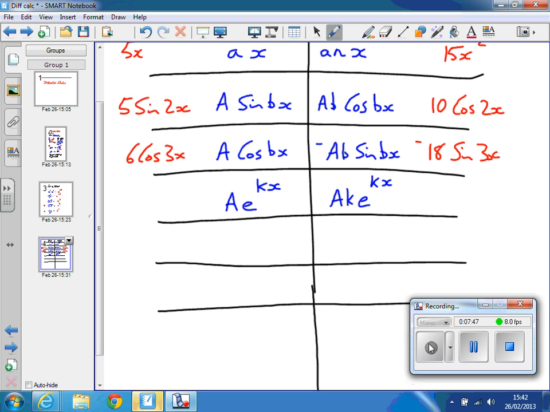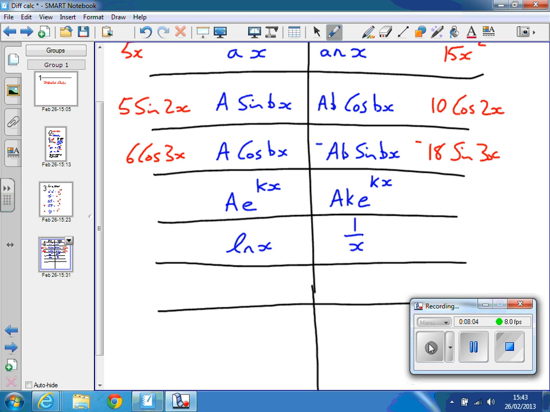Another function that is worth thinking about is the log function. So we've got that the differential of the log x, the natural log of x, is 1 over x.